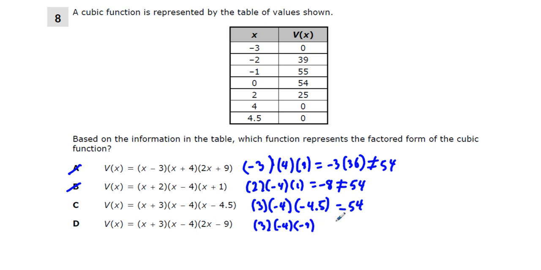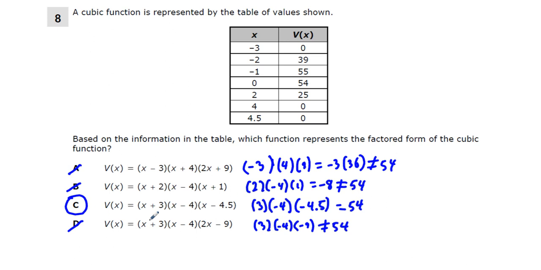Well, that's going to be 3 times 36, which again is not equal to 54. So it's not that. Then you can go ahead and put this in your calculator, see that it matches the table value, it will. So C is your correct answer.